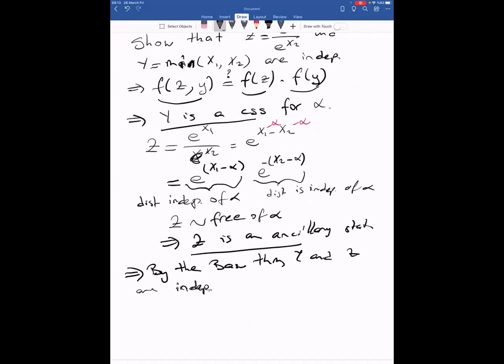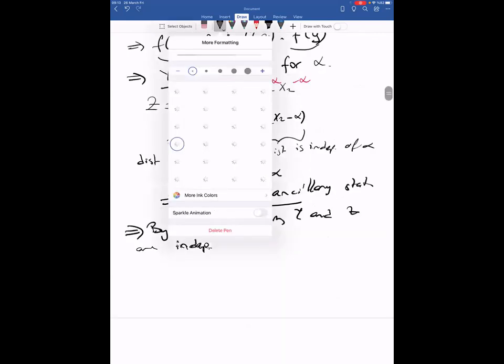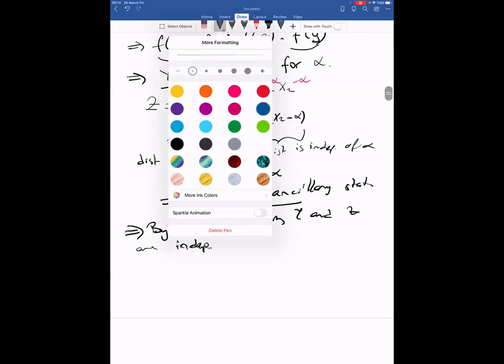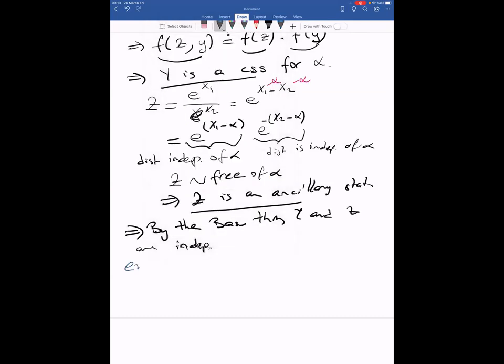Okay, so let's consider another example. In this example, we have f of x, theta. This is one of my previous exam questions, actually. So x is between theta and infinity, and theta is positive also. The first part of the question is: is theta a location or scale type?